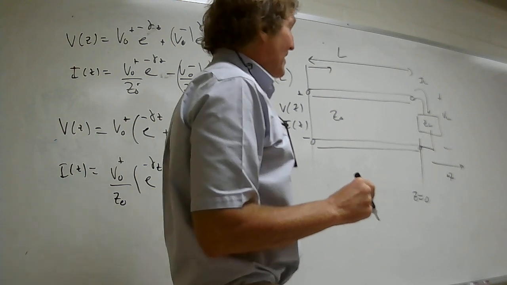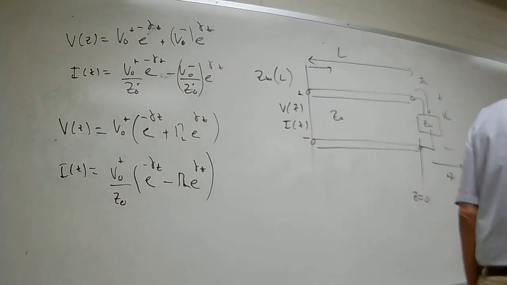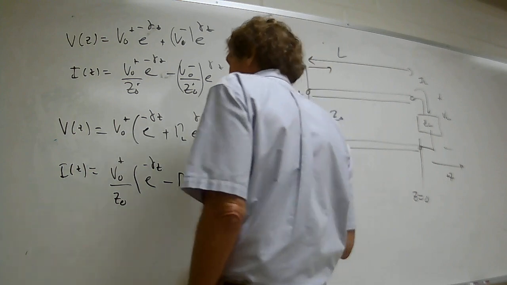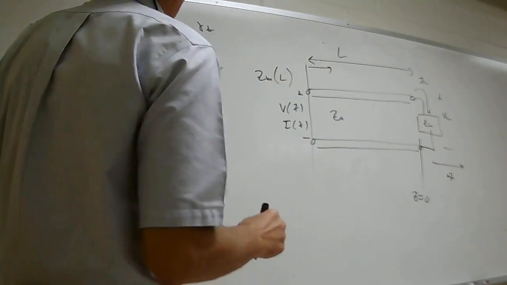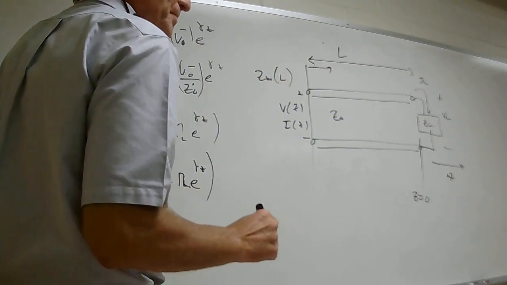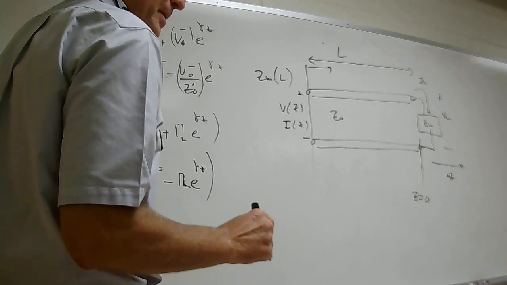All right. Now, if I want that, I come back to this. The ratio of voltage to current anywhere on the line is this, isn't it? These two divided by one another, right?